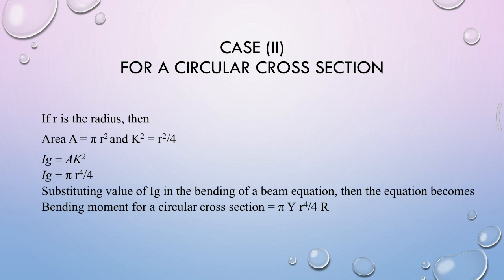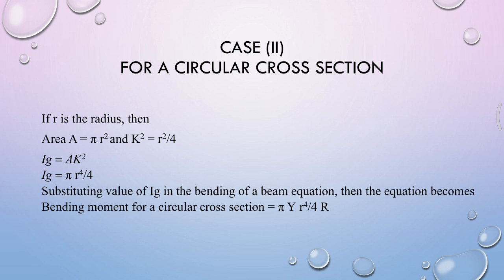Substituting the value of Ig in the bending of a beam equation, the bending moment for a circular cross section is pi Y r to the power of 4 by 4r. In other words, we can rewrite this as Y by r into pi r to the power of 4 by 4.